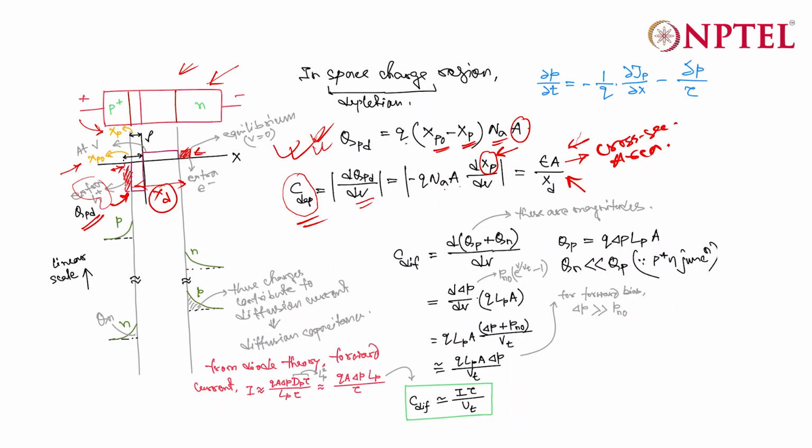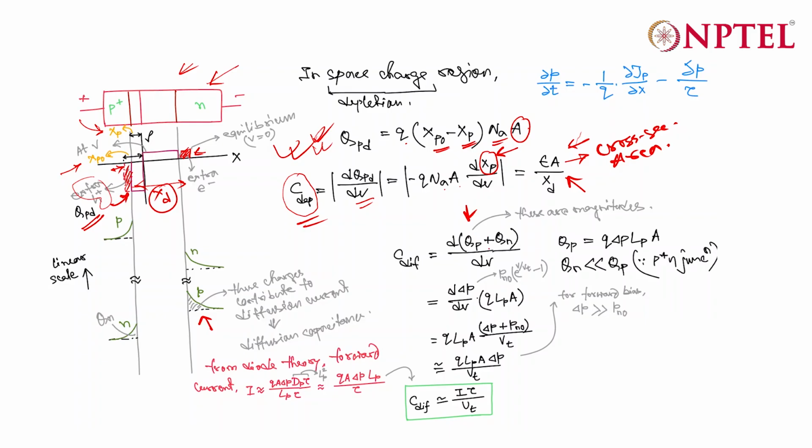Now in the quasi-neutral region, the majority of the current is due to diffusion, right? So these particular charges contribute to the diffusion current, and hence we call it a diffusion capacitance. Now to figure out the diffusion capacitance, the expression would be d(Qp plus Qn)/dV. Here you should consider that the values of Qp and Qn are only magnitudes.